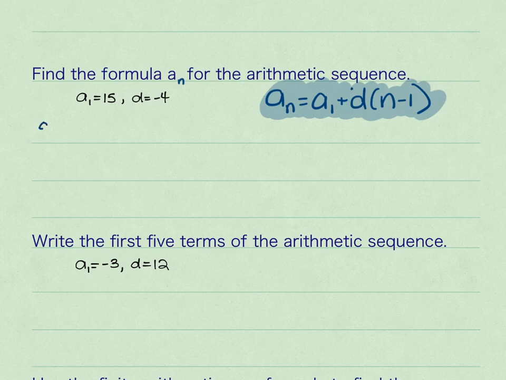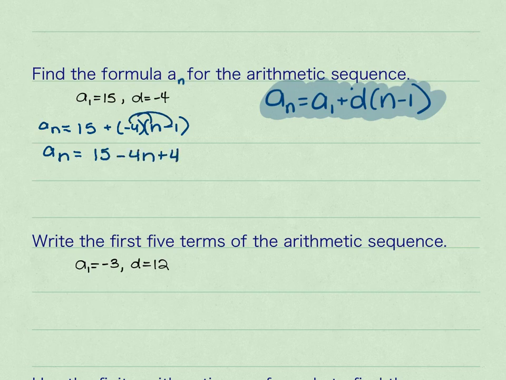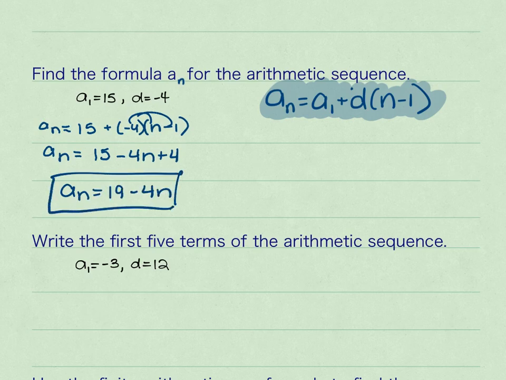So I would get a sub n equals a sub 1 plus negative 4 times n minus 1. I'm going to distribute the negative 4 and combine like terms. You want to get it as simplified as possible if you're giving it as an answer. Then it could say find the 10th term, and you're just plugging in 10.